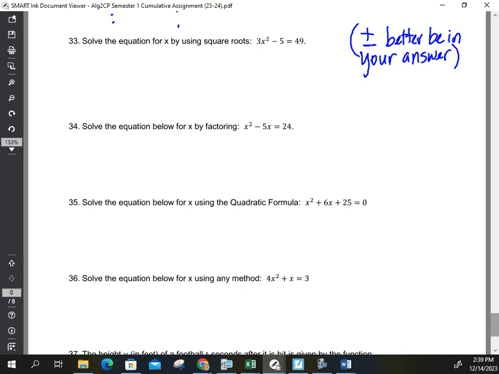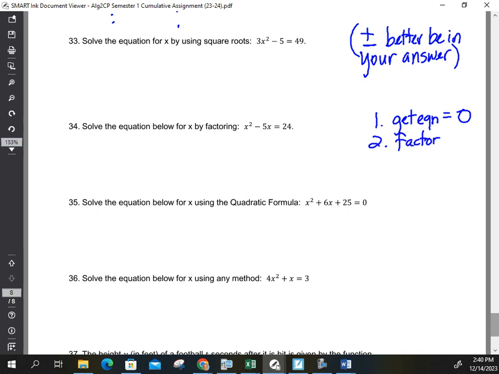34. Solve the equation by factoring. So when you solve by factoring, number one, get the equation equal to 0. That's what a lot of y'all forgot on that test. You can't factor unless the equation is equal to 0. Step 2, factor.